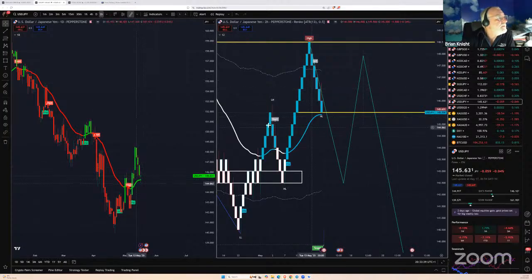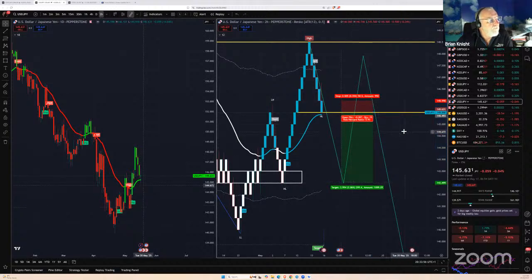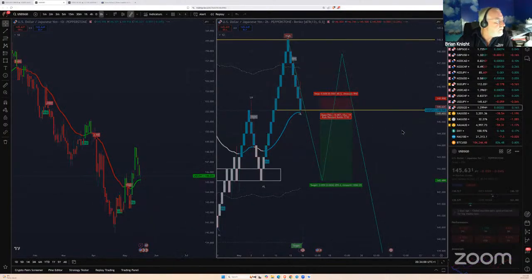USDJPY. Short position. If you did get, I think it bounced off here, but anyway. We'll see USD and Singapore.